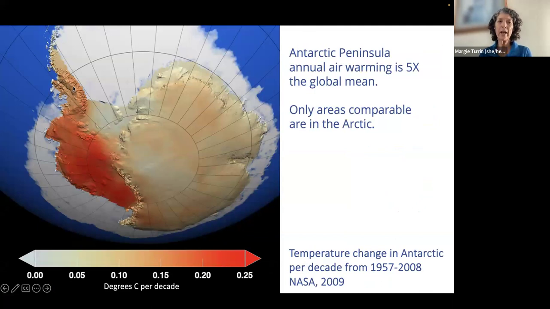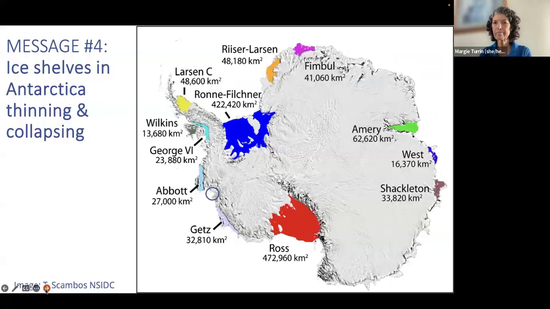And again, just to point out, the peninsula area is really significantly warmer, so it almost matches the Arctic. It's noticeably warmer than West Antarctica, but of course, West Antarctica is sitting up on land, whereas, as we mentioned, this part is sitting in the ocean, and our thickest ice is over here in East Antarctica.